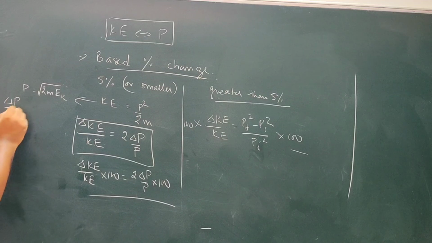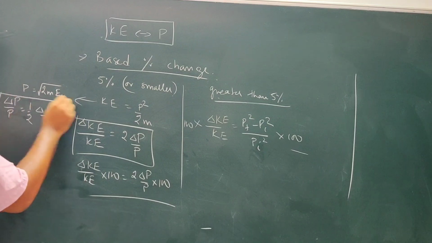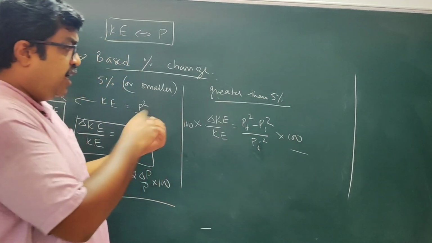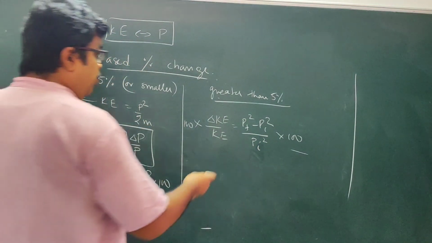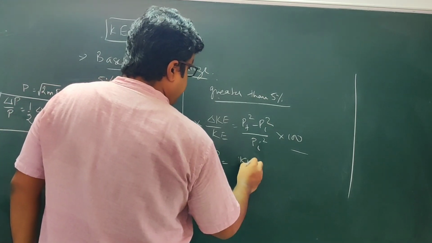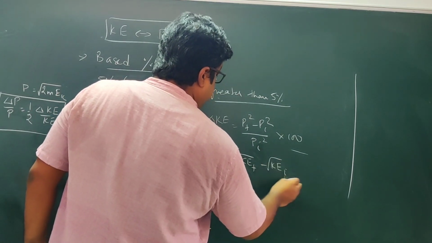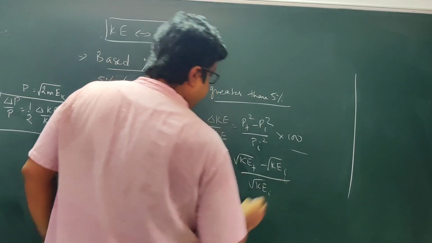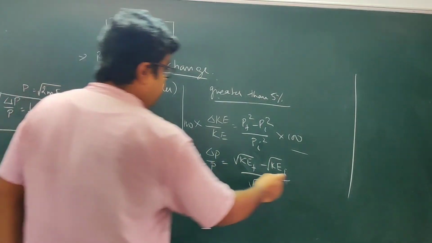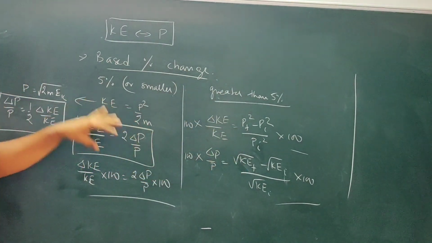So delta p by p will be equal to 1 by 2 delta K by K. Similarly, if there is a larger change in kinetic energy and you are asked to find the change in momentum, delta p by p is equal to the square root of (KE final divided by KE initial), minus 1. This is how you need to calculate. And again, if percentage change is asked, this is multiplied by 100. Okay, so this is for greater than 5% and this is for 5% or less than 5%.